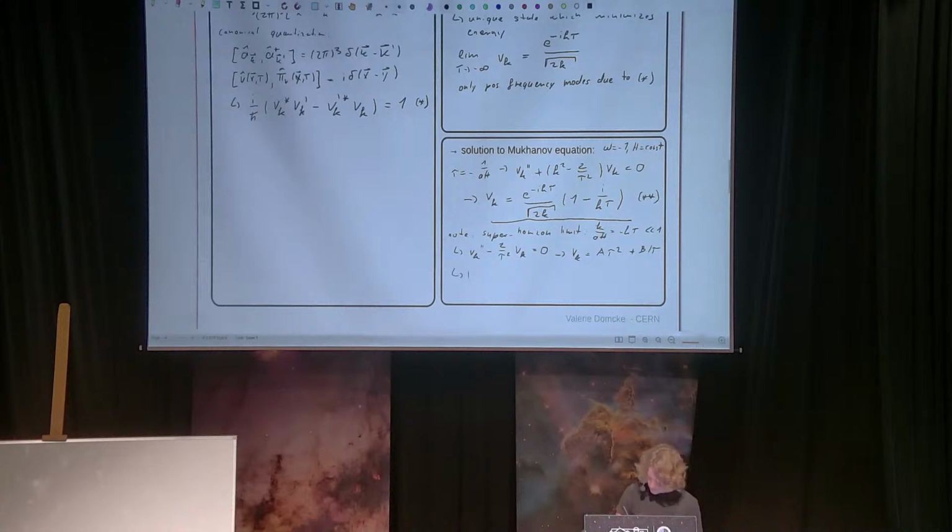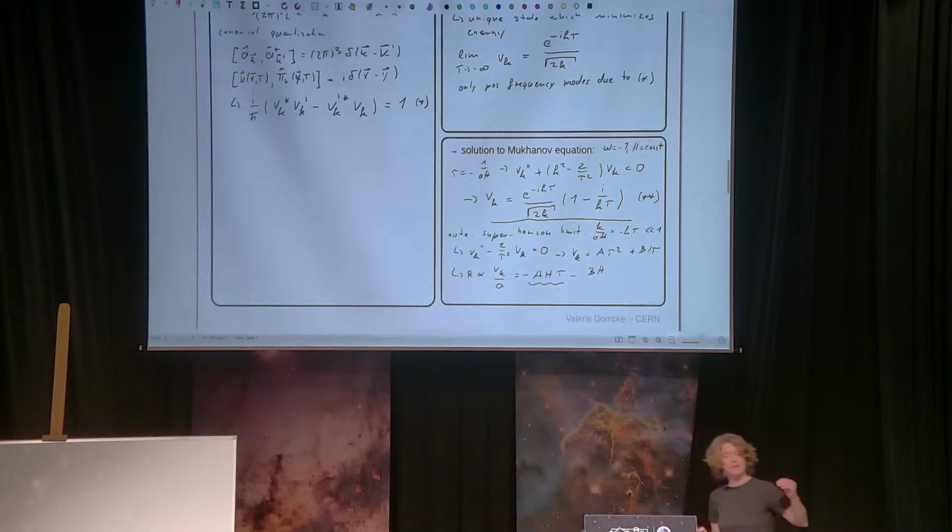And now we recall that this curvature perturbation is actually v_k divided by a, and a is proportional to 1 over tau. So that means that here we get something like minus A H tau minus B H. A and B are just integration constants, and H is the Hubble parameter, which is constant.